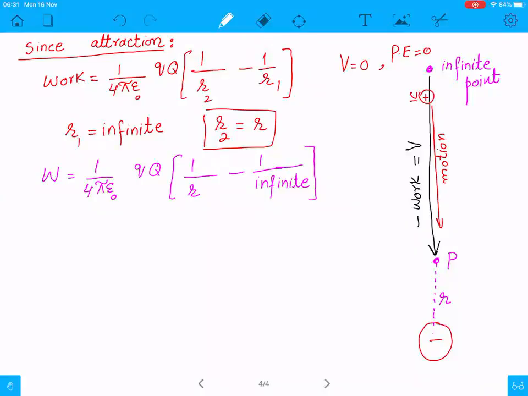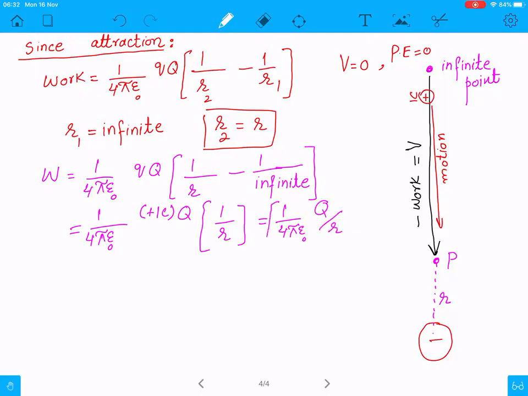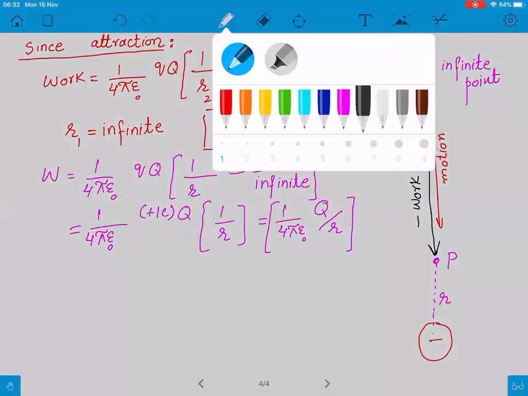So finally, it will lead to 1 over 4 pi epsilon naught, smaller q is plus 1 coulomb, capital Q is Q, and then it is 1 over R. So it will become 1 over 4 pi epsilon naught capital Q over smaller r. This is the formula for work, and the work is positive, which means that PE is decreased.